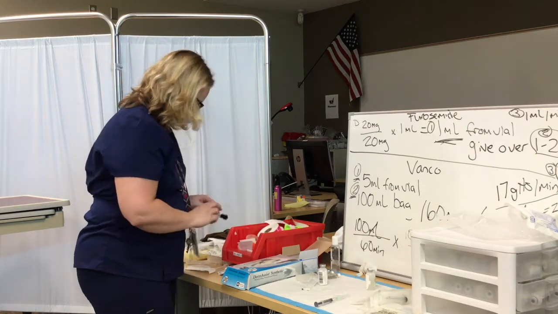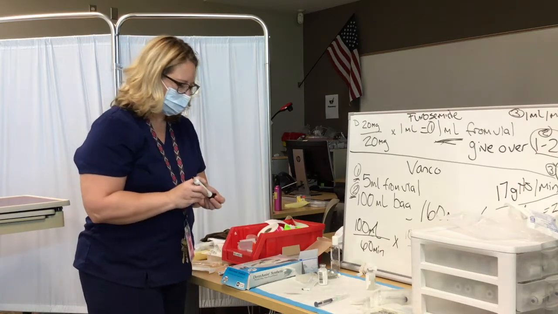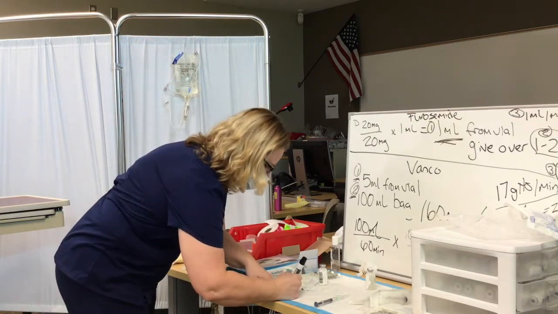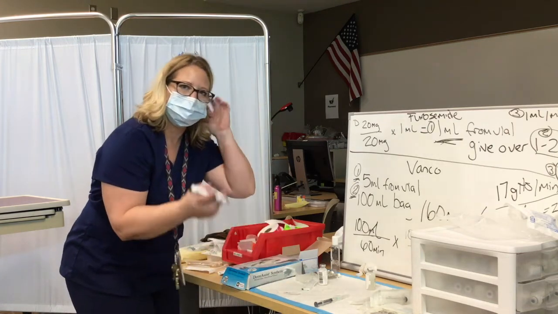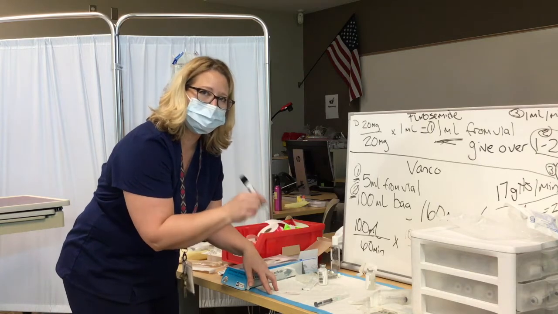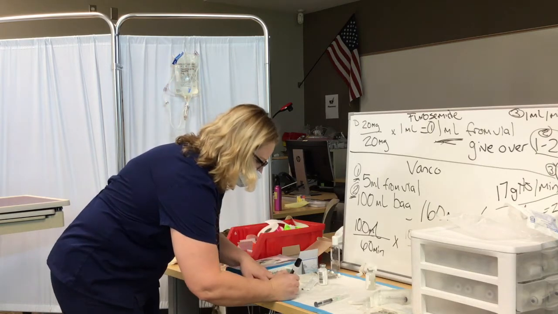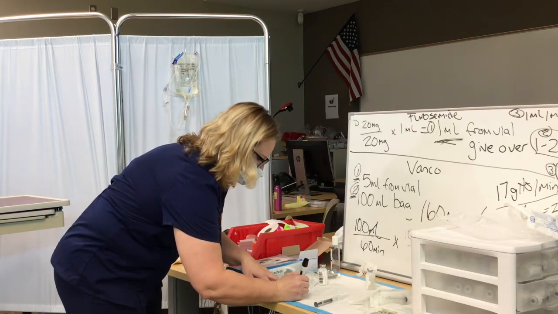And I'm going to write on here, what do you put on your labels? We're going to put on there the name of the patient. So this is for Armando Arm. You don't have to put room number or anything. We just need at least the patient's name, and we definitely need the medication and the dose that is in here. So this is furosemide, 20 milligrams.